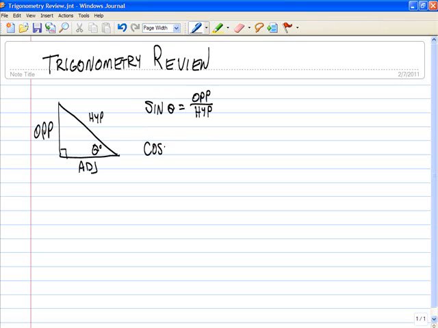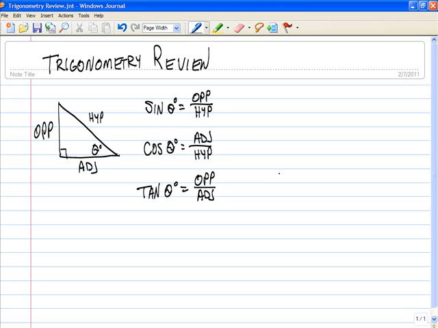The cosine of theta is equal to the adjacent over the hypotenuse, and the tangent of theta is equal to the opposite over the adjacent.